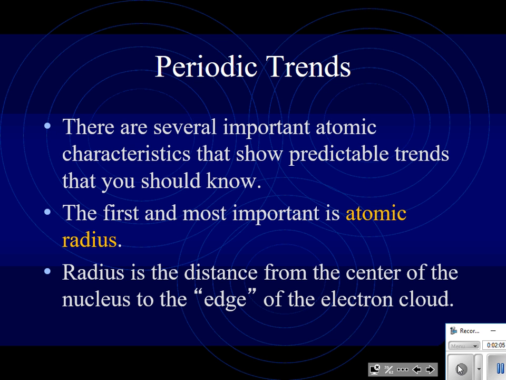What I would write about that is atomic radius, and then I would write it's the distance from the center of the nucleus to the edge of the electron cloud. So I would have on this, under periodic trends, the atomic radius is the distance from the center of the nucleus to the edge of the electron cloud. That is the juice, so to speak, of this slide.